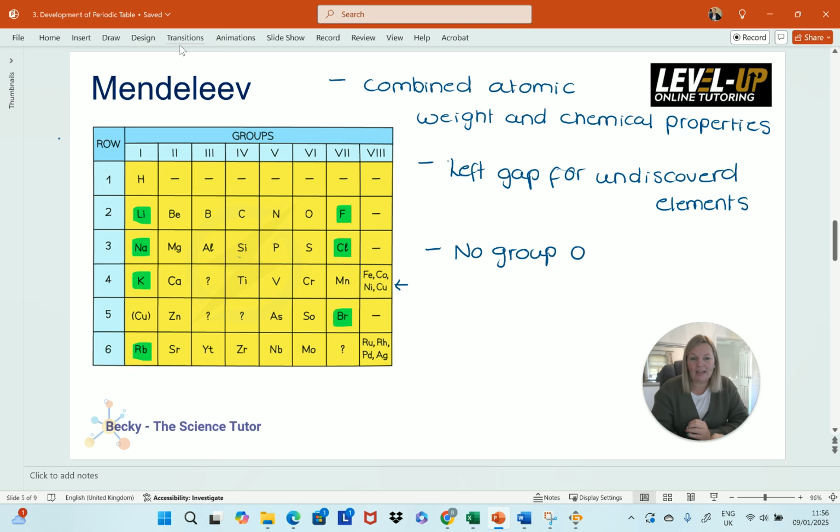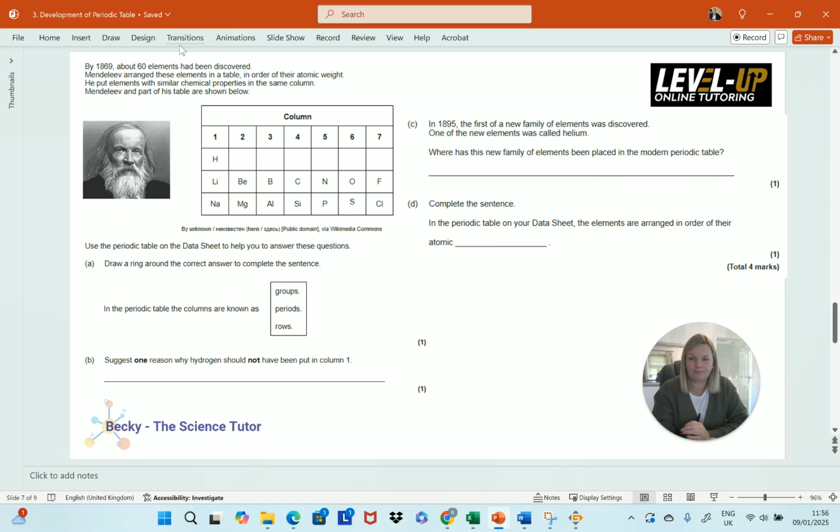Okay, so let's have a look at some of the questions and just further our knowledge a little bit of what you might get asked around these. Okay. So this is a lower level question, a question that you'll find early on in your exam paper, and it says in here, by 1869 we had about 60 elements discovered. That would be a bit more of a lengthier list to be looking up and down, so we needed to do something different.